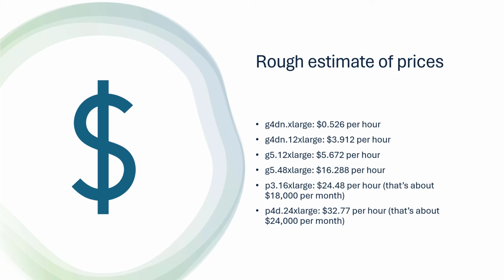And if you go all the way up to the PD4 X XL24 large, well, then it's going to be $32, almost $33 per hour. And if you calculate that to a monthly payment, it's $24,000 per month. And it's going to be a lot of money all of a sudden. So you're going to see this is not free.